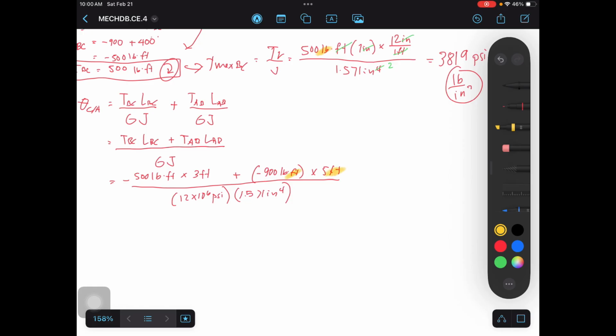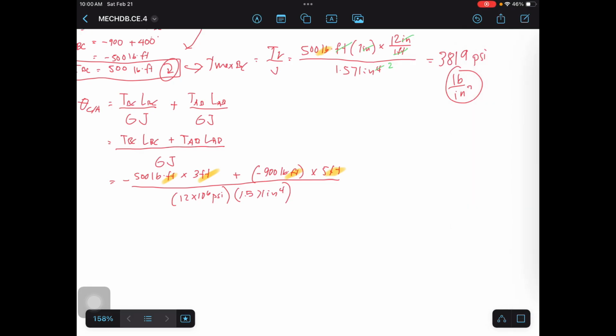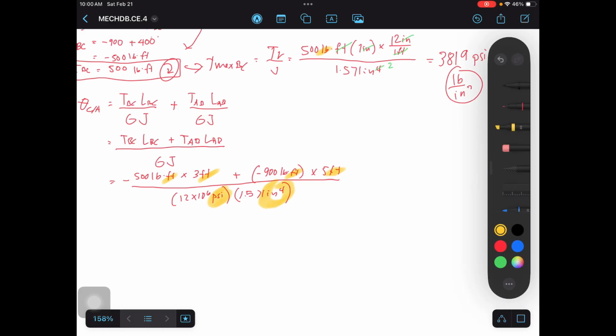Ito, naka-feet, naka-feet, feet. So, mas mahirap i-convert ang mga inch raised to 4 and inch squared. So, yung walang exponent ang i-convert natin into inches. So, convert natin itong apat na to.